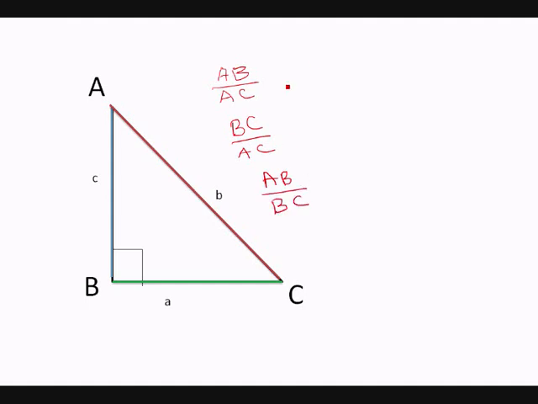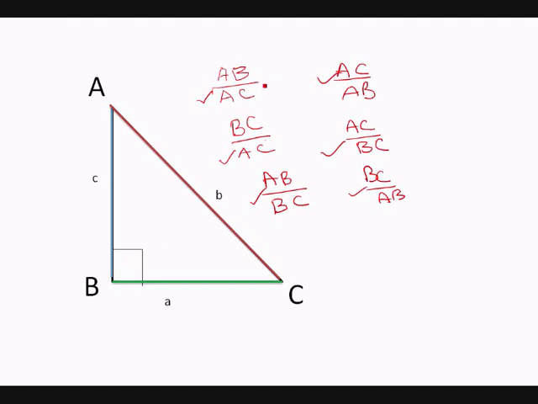I can also have the reciprocals of these three, which is AC to AB. Reciprocal of this is AC to BC, and reciprocal of this is BC to AB. So I have 6 ratios here with the three sides of a right angle triangle.